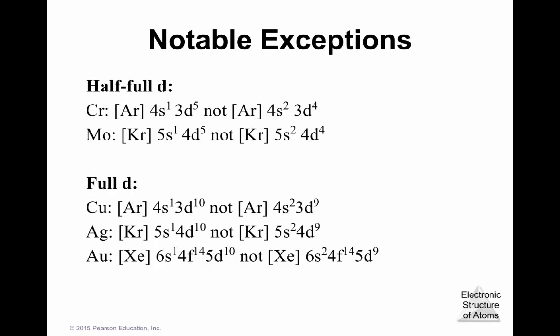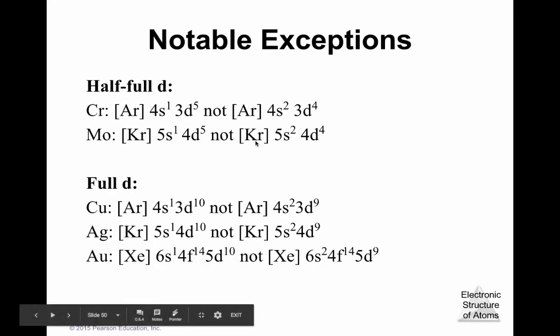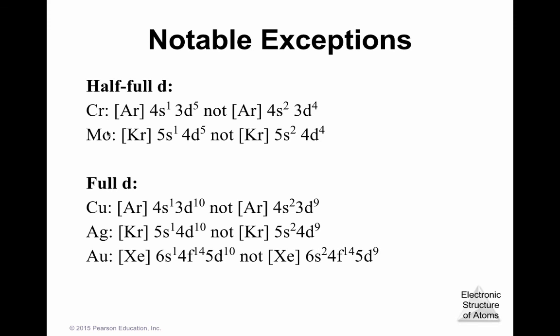I definitely want you to write down these exceptions. You don't necessarily need to write down all of the electron configurations for them, but chromium and molybdenum are both half-full D exceptions, so they're going to fill up the D orbital halfway instead of having a complete S. And then in terms of full D exceptions, meaning that it's more beneficial for these elements to have a complete D shell than to have a full S shell, we have copper, silver, and gold.